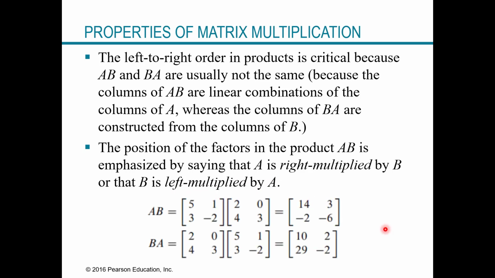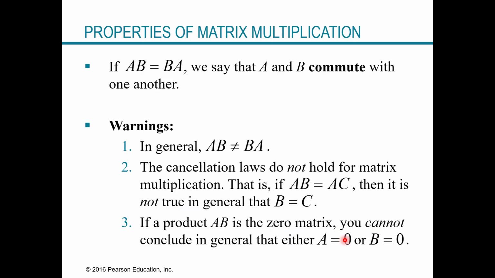All right, so here's an example for you. Here's matrix A, here's matrix B, and if you multiply them, A times B, here's one result. If you were to change the order, notice this is B times A, and if you were to work out this multiplication, you do not get the same result. Okay, so you want to be careful. Multiplication with matrices is not commutative, so the order does matter.